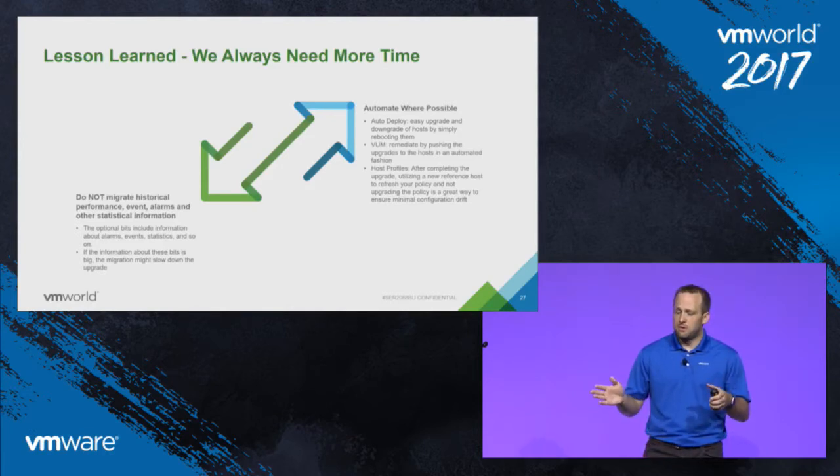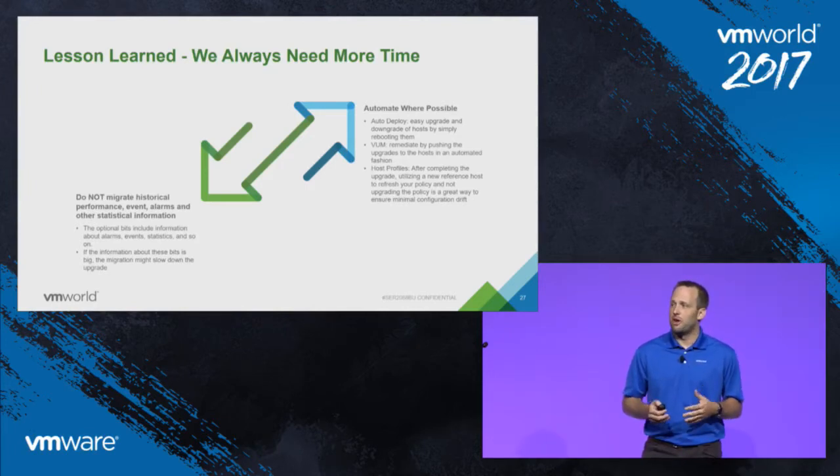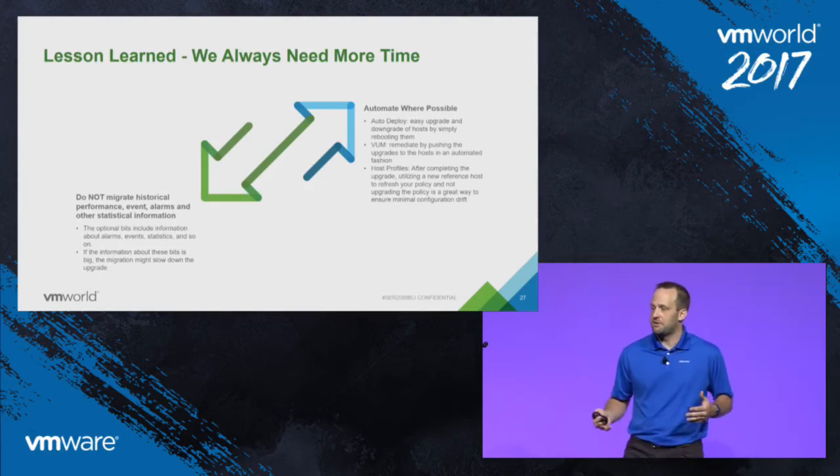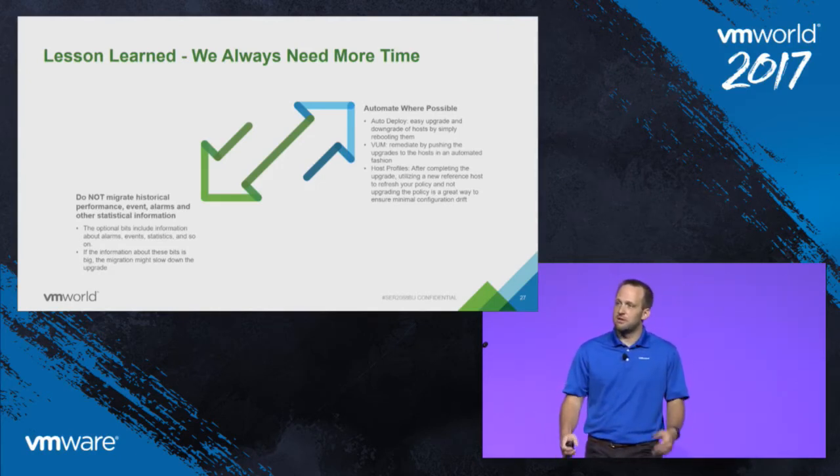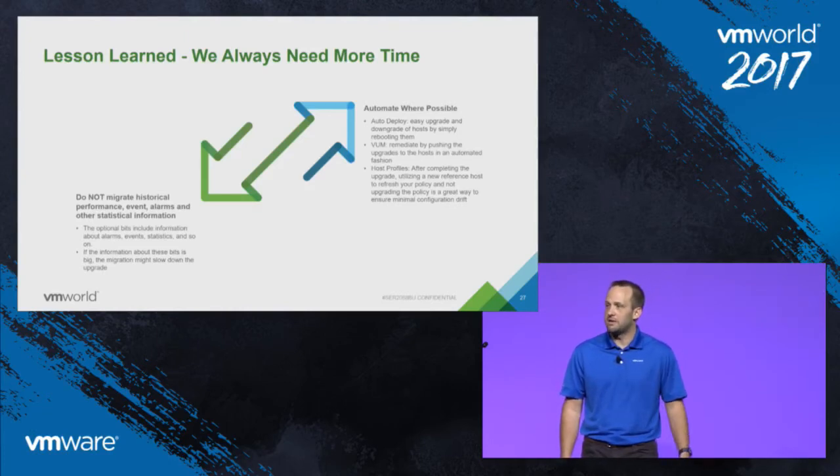So I don't have any configuration drift inside of my environment when I'm using Auto Deploy because it's a reboot away from getting back to a known good state. If some junior admin logs into the system and makes an ESXi box all wonky, I reboot my ESXi box and we're back to a working and good state.